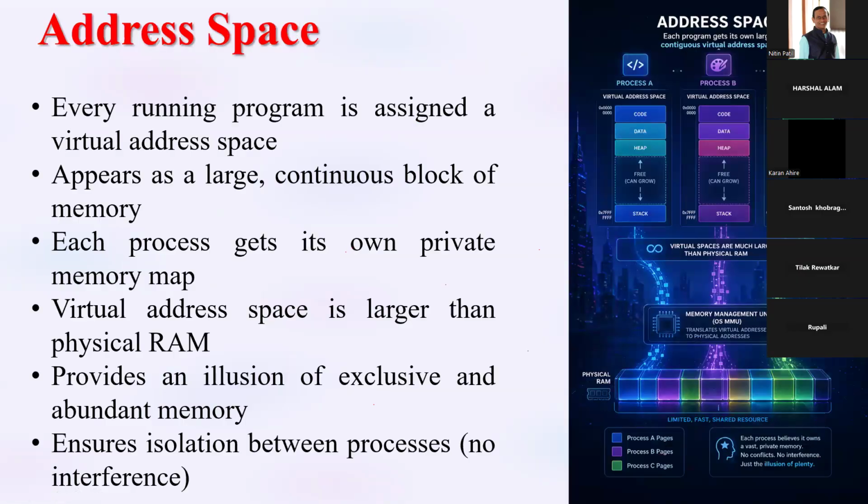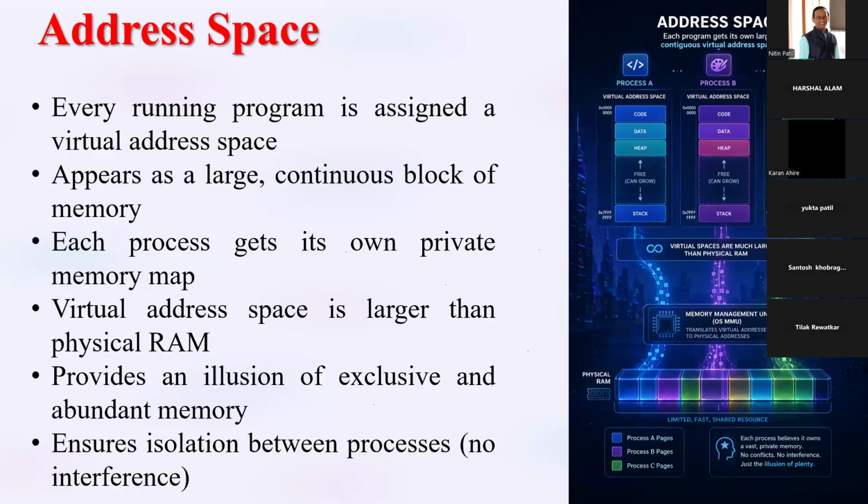Now let's take the next step in understanding how this illusion is actually presented to the program. We have been talking from a system perspective: RAM, disk, OS decisions. But what does the program itself see? Every running program is given something called an address space, or what we refer to as the process address space.